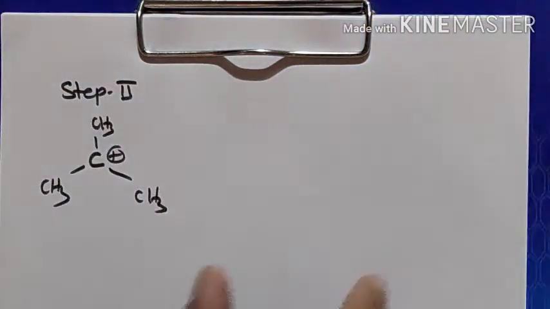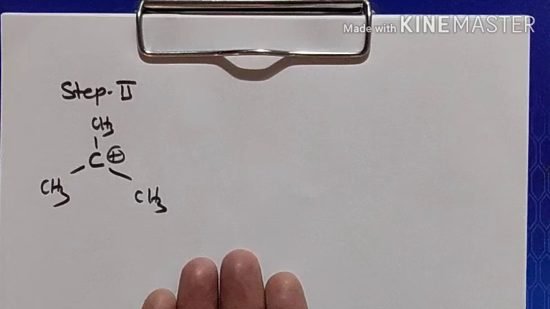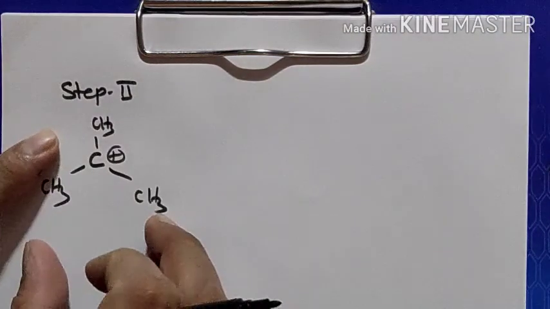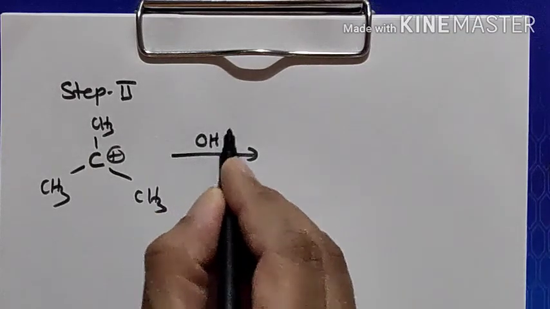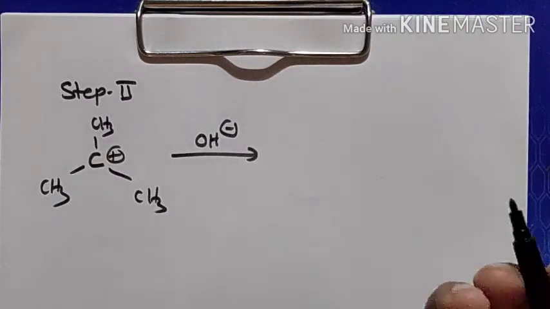So that can be attacked from any of the directions, from the top as well as from the bottom. Okay, so now after the formation of carbocation, this OH minus is going to attack, right, and the product will be formed.